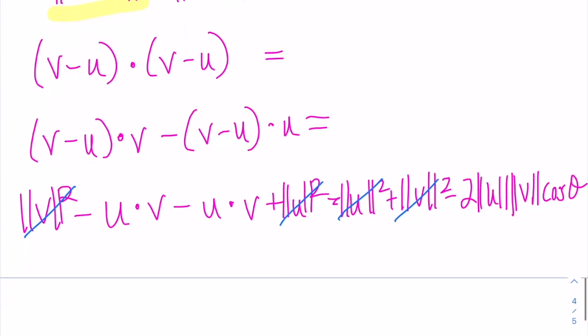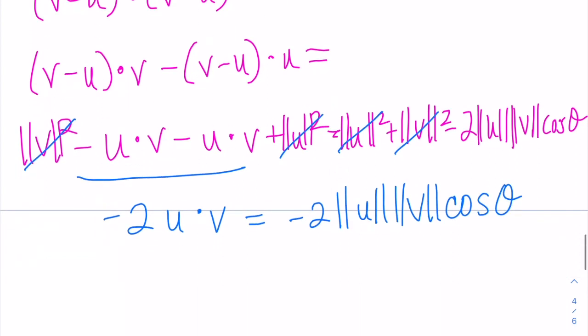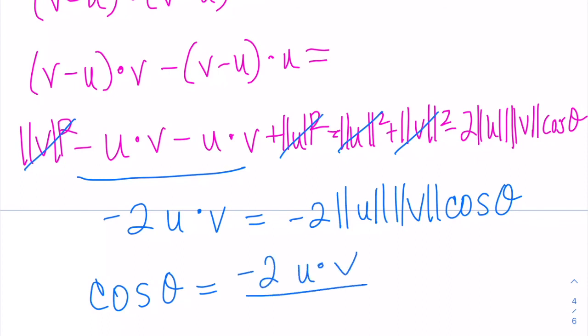And then when I combine this, we're going to get negative 2 u dot v. And that's going to equal negative 2 times the magnitude of u times the magnitude of v times cosine of theta. So I can rewrite this as cosine of theta equals negative 2 u dot v over negative 2 times the magnitude of u times the magnitude of v, and that negative 2 can cancel.